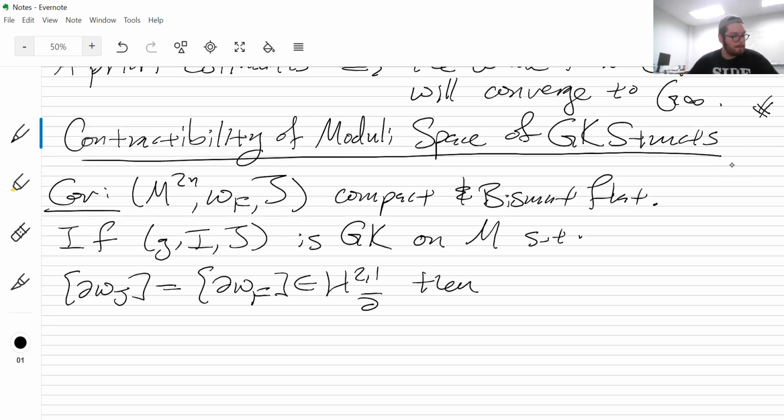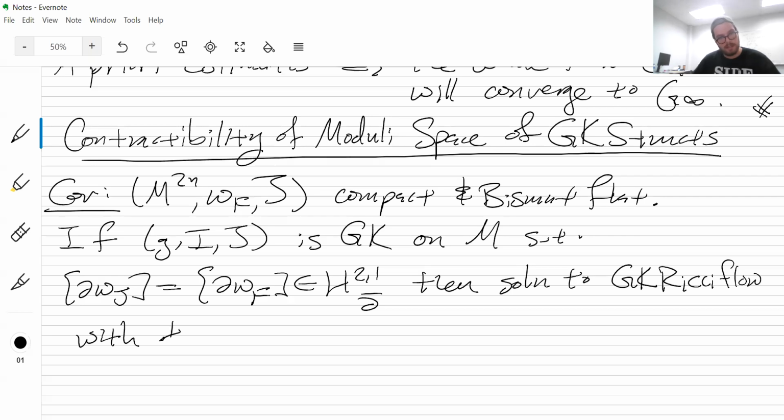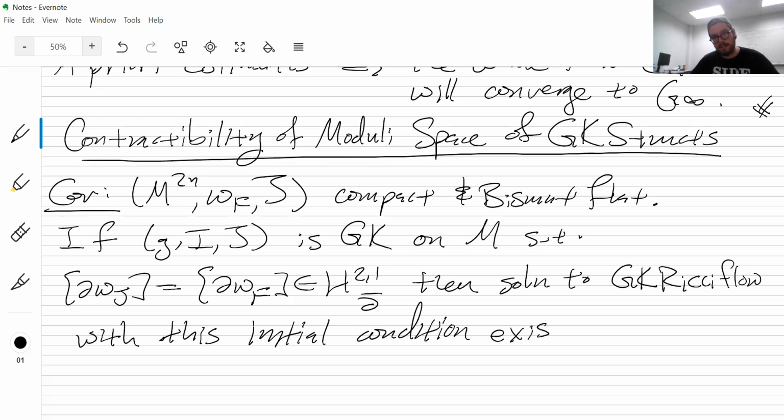Then the solution to the generalized Kähler Ricci flow, GK Ricci flow, with this initial condition exists for all forward times and converges to a Bismut flat structure.